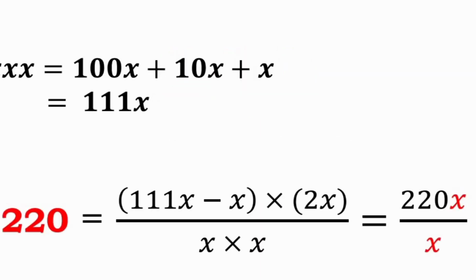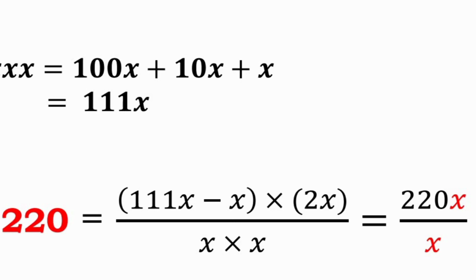If we write xxx in the expanded form, we can write it like 100x plus 10x plus x, which is equal to 111x. Now, if we substitute the value in the previous expression, then we get (111x minus x) into (x plus x, which is equal to 2x) whole divided by x into x.